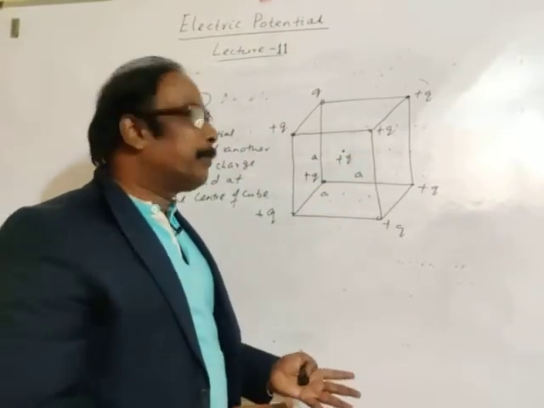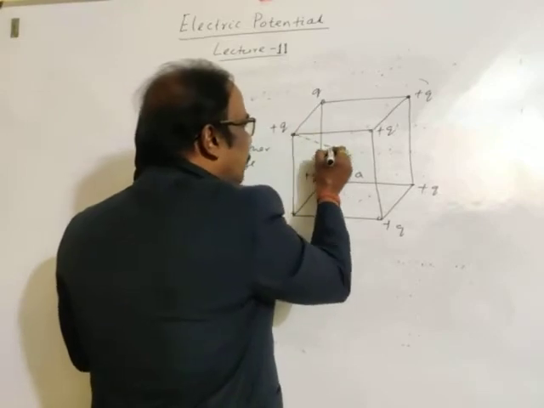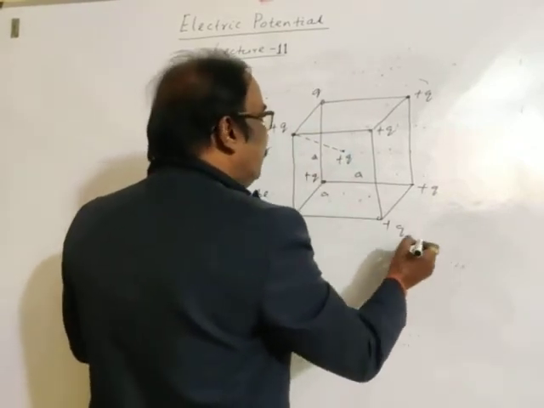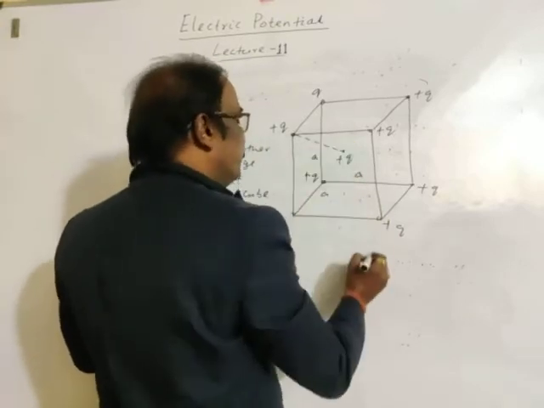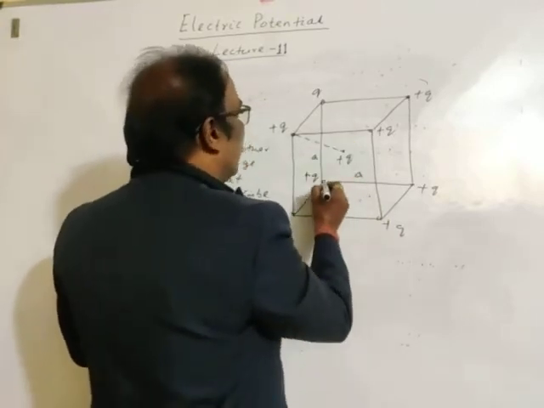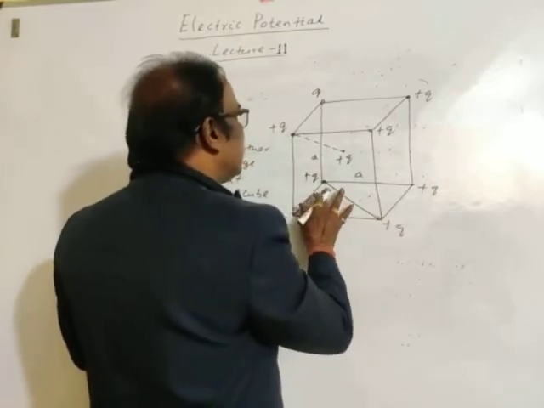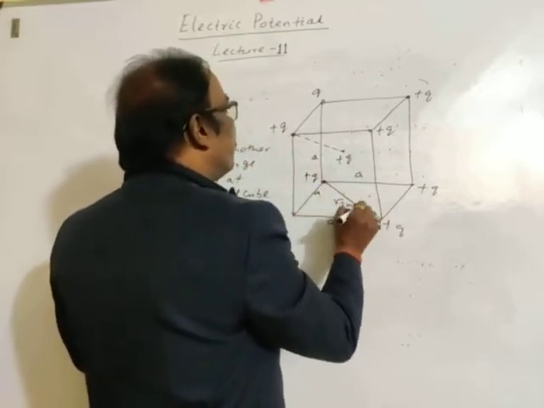Then the only thing you have to find is the distance from any one corner. I am showing you this distance. This is A, then this is root 2A.